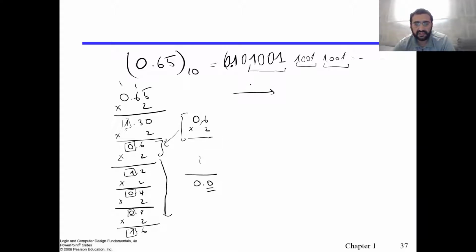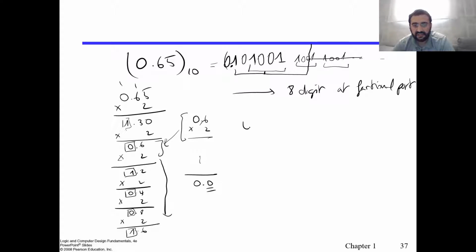So if we choose, for example, a precision of 8 digits at the fractional part, we will truncate the number after the 8 digits. So we'll take these 4 and these 4. So here we will truncate the result that comes after.